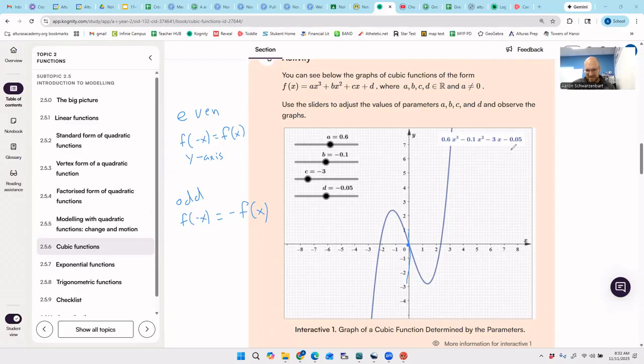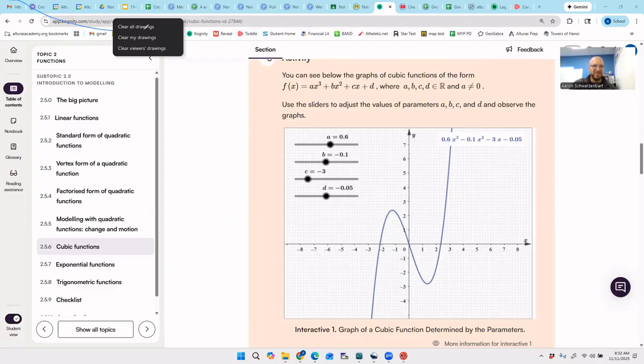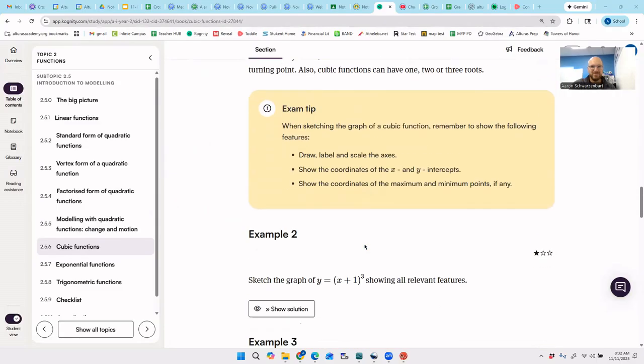This does not actually have origin symmetry because this is not going through 0, 0. It's very close. It looks like it from the graph, but it doesn't. I thought it did from looking at the graph, and then I looked at the function and went, nope, you don't.